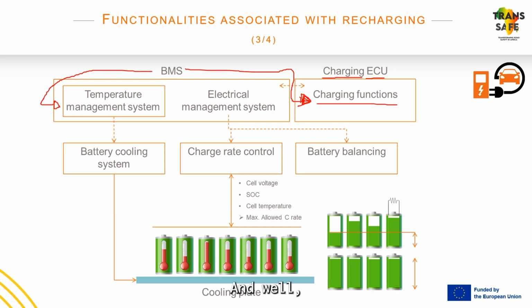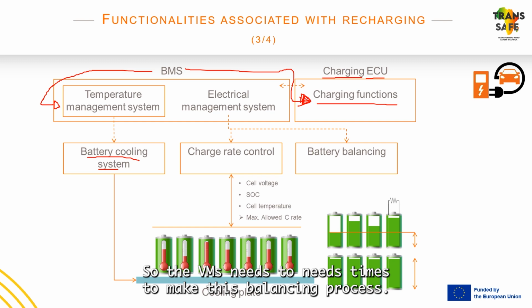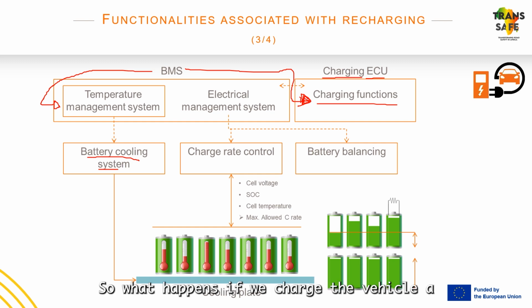If in the previous slides we talked about balancing, balancing takes time. So the BMS needs time to make this balancing process. So what happens if we charge the vehicle all the time at 175 kilowatts?